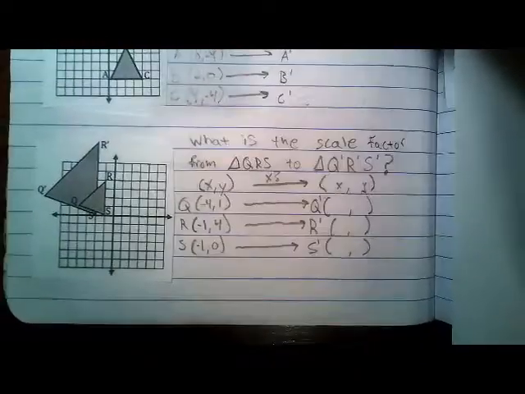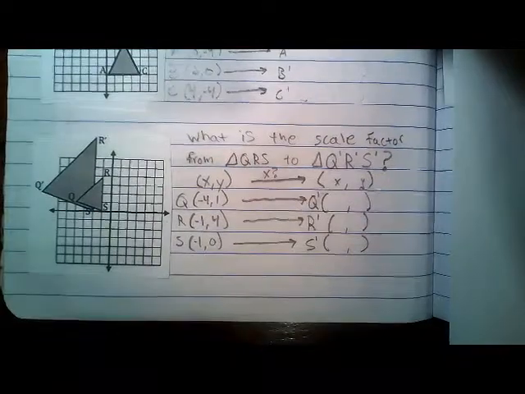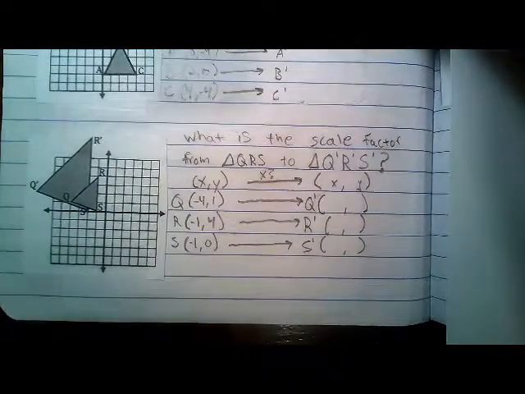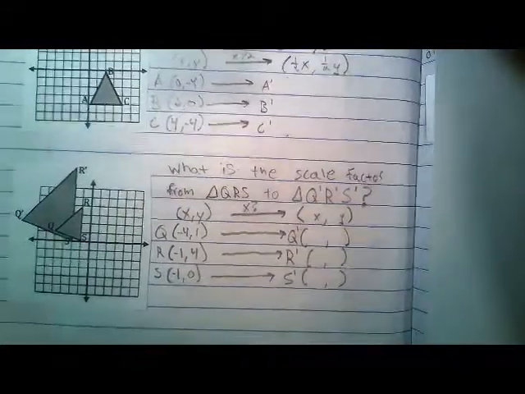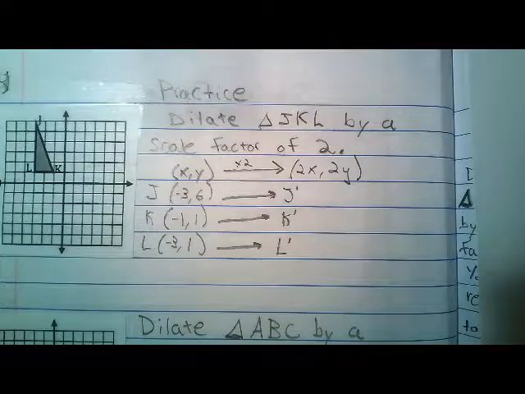And the last one, you're going to state what the scale factor is from triangle QRS to triangle Q prime, R prime, S prime. So what is that scale factor? What do we multiply all those coordinates by to get to the new figure? After that, you'll have your teacher check all 3 problems, and then you can move on to the practice problems at the end of the entry.